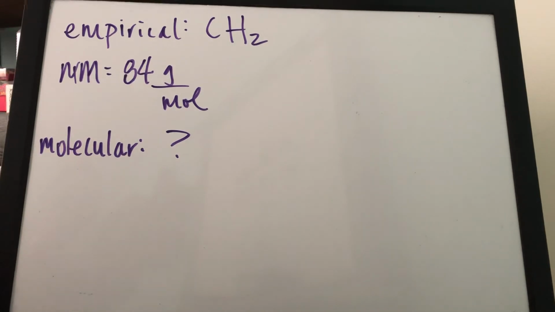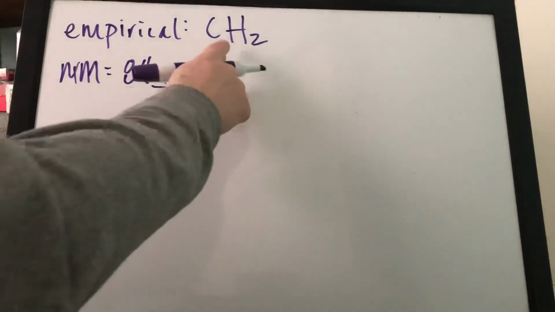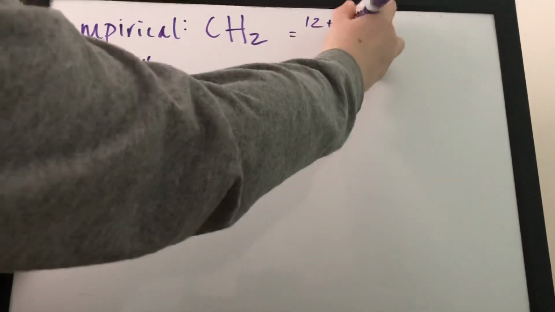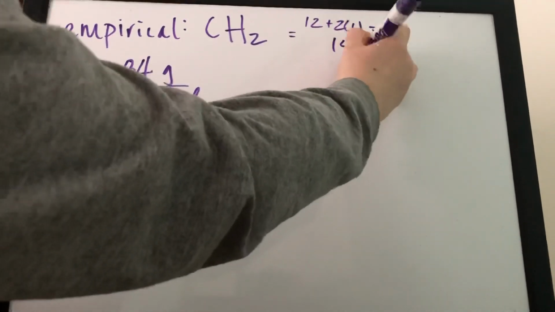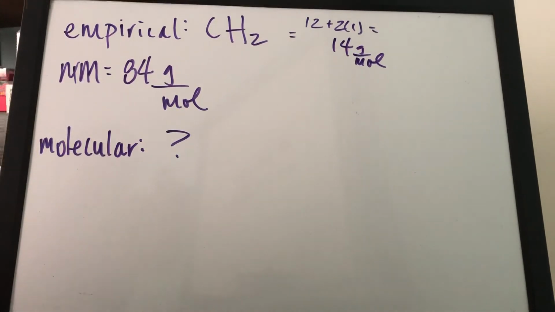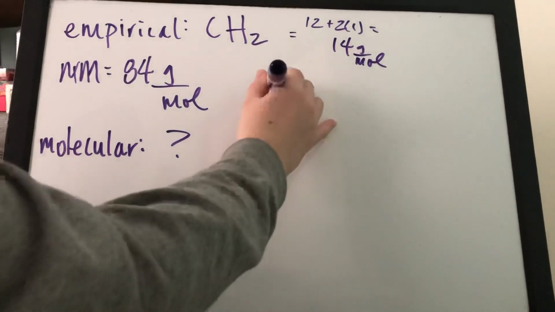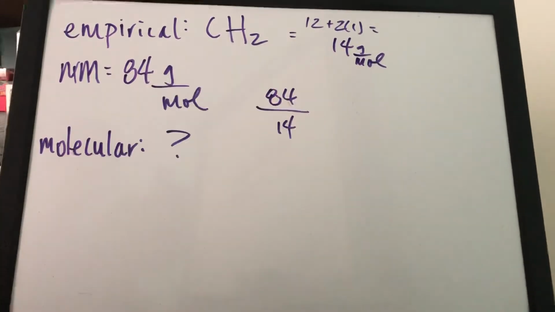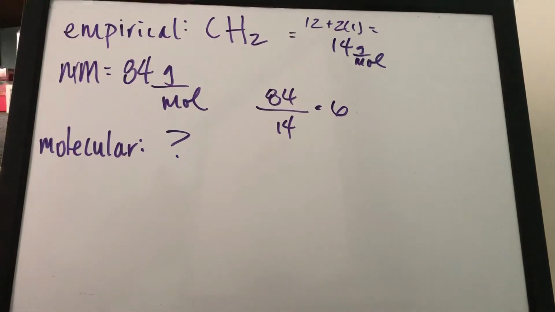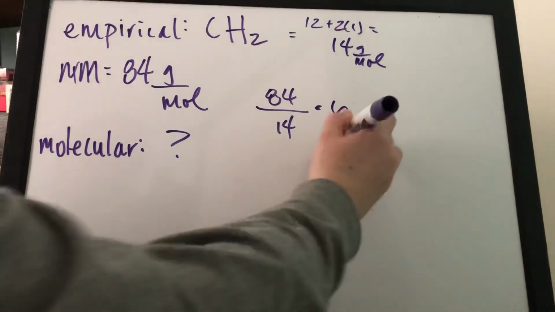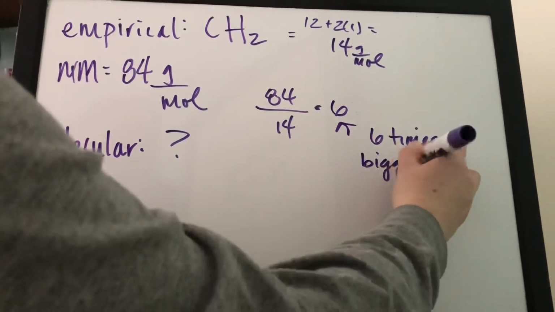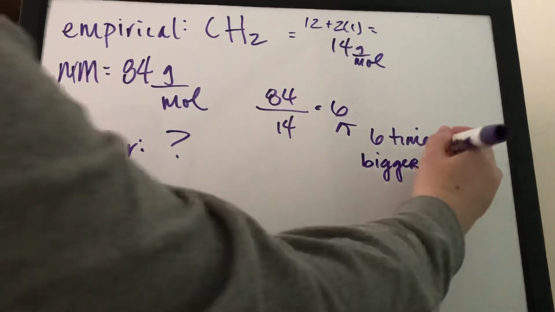If we know the molecular formula's molar mass, all we do is find the empirical formula's molar mass, which would be, let's see, 12 plus 2, right? So 14. And then we do a simple comparison of the empirical molar mass to the molecular molar mass. If you can't see that in your head, you just divide the 2. So you take 84 divided by 14, and you get 6, okay, which means that the molecular formula must be 6 times bigger, or 6 times more massive than the empirical.